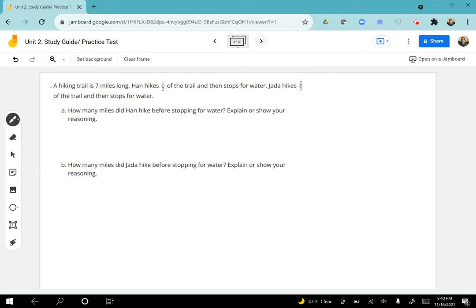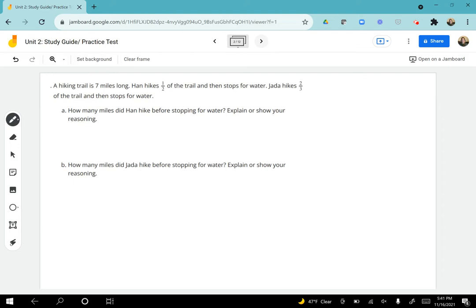Okay, so the next question that I want to talk about as a particularly interesting question states a hiking trail is 7 miles long. Han hikes one half of the trail, and then stops for water. Jada hikes 2/3 of the trail and then stops for water. So part A wants us to figure out how far Han hiked before stopping for water, and we want to make sure we're explaining or showing our reasoning.